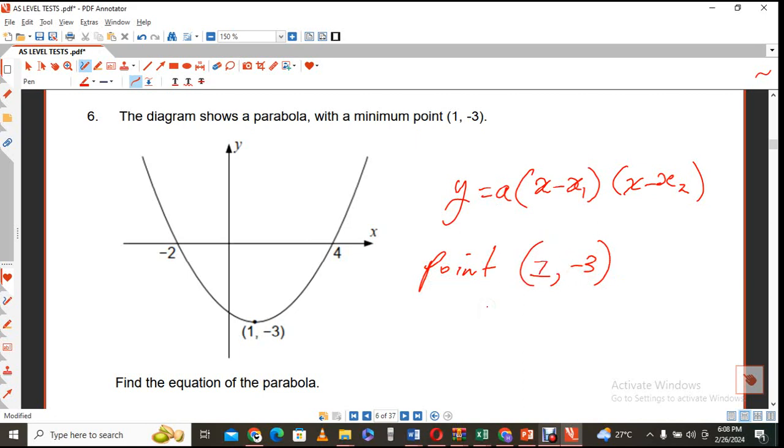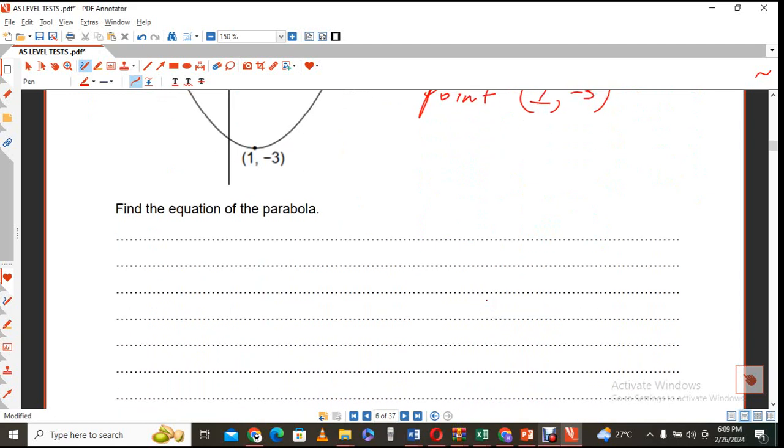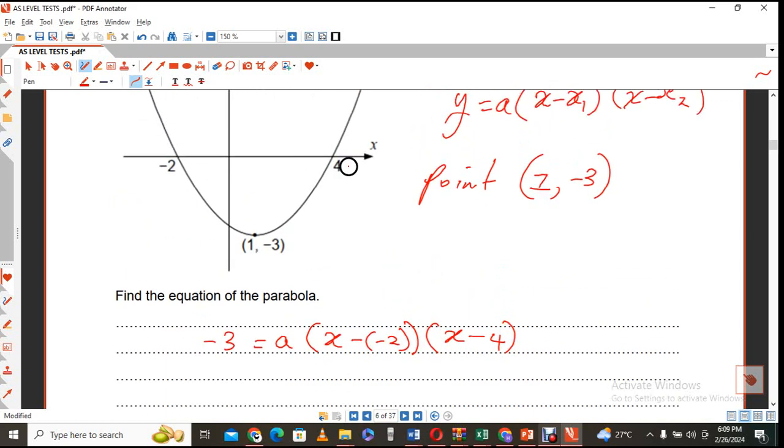So you're definitely going to use that point in that formula. So I'm going to say the y value of that point is negative 3 equals a of x minus negative 2, and the other one is x minus 4. These are obviously the intercepts, 4 in here and the negative 2 in here. The minus is just part of the formula.